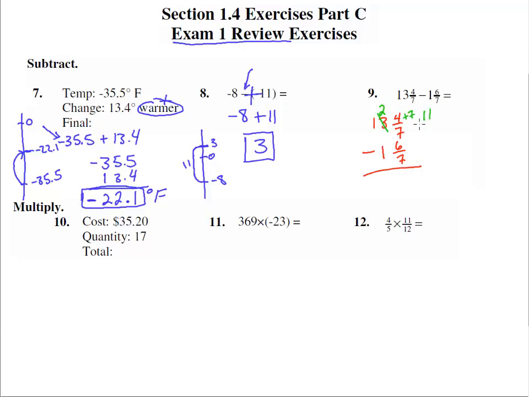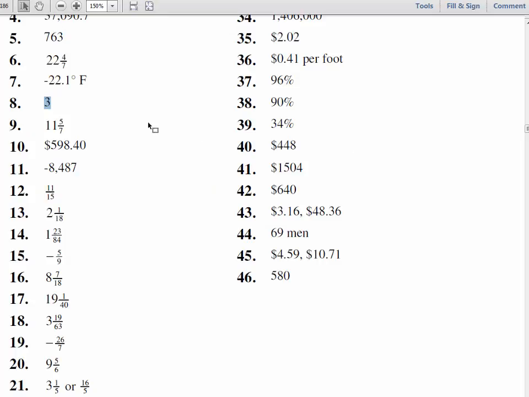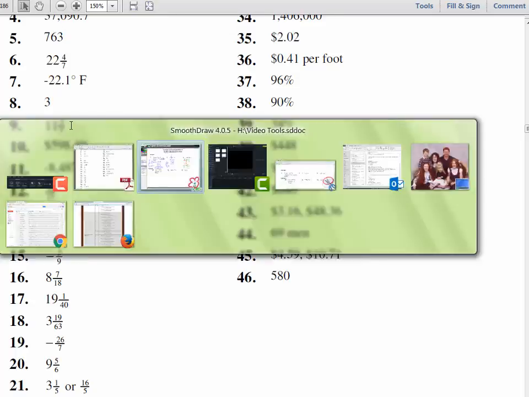So this is actually 11/7. So 11/7 minus 6/7 is 5/7. 12 minus 1 is 11. So 11 and 5/7. Let's double check our answer. 11 and 5/7. That's correct.